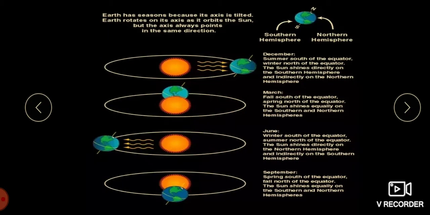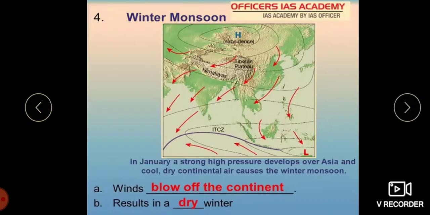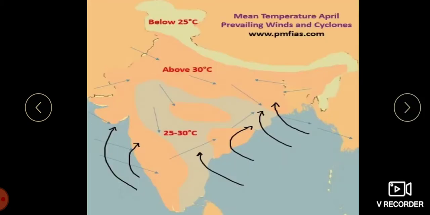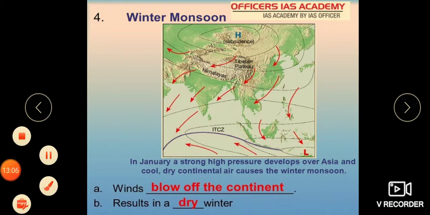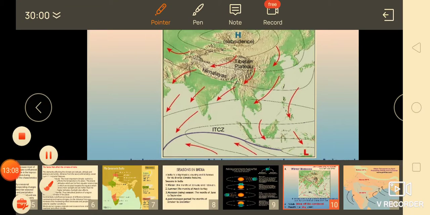So now let us move on to the winter season. During this season, children, the rays of the sun fall vertically on the southern hemisphere.